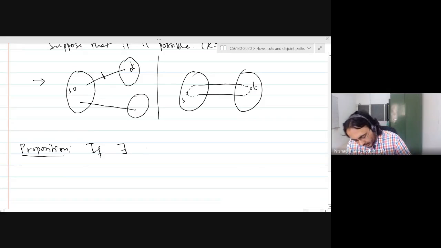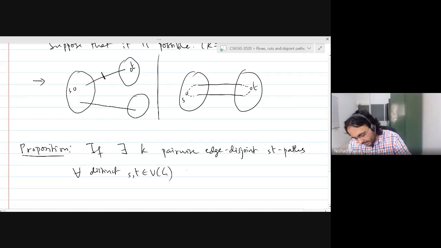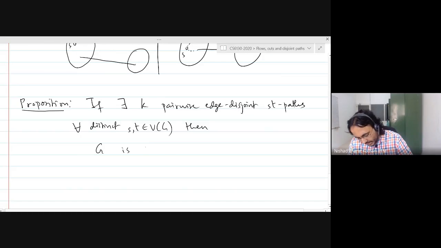So if there exist k pairwise edge disjoint ST paths between S and T for all distinct S and T vertices of the graph, then G is k edge connected.